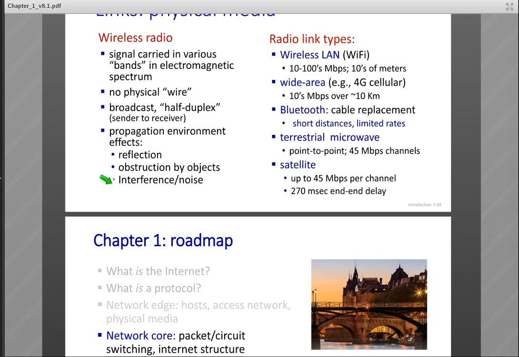Why? Because he receives two signals at the same time, a mixture of two signals.